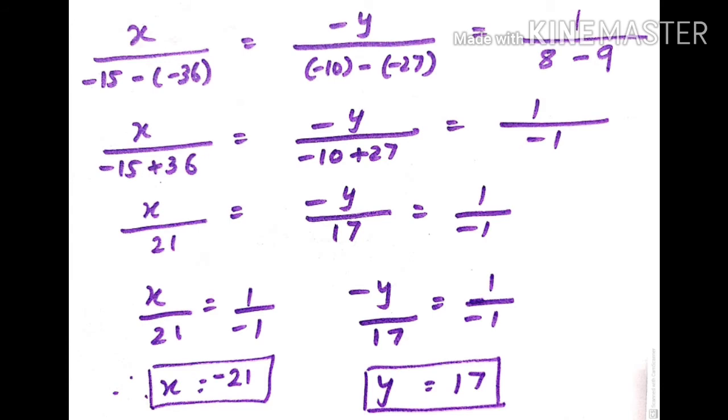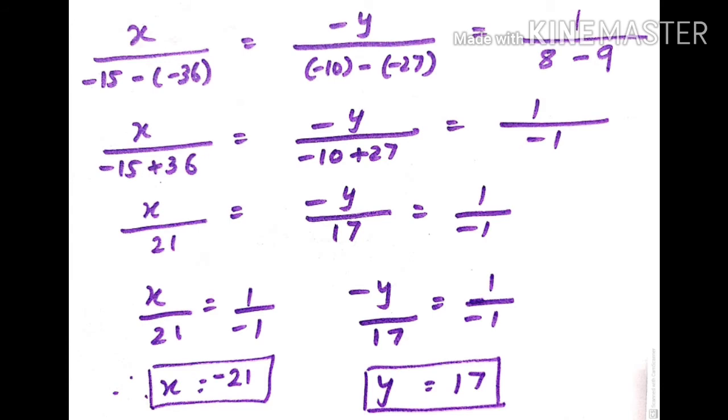X upon -15 minus plus 36 is equal to minus y upon -10 minus plus 27 is equal to 1 upon 8 -9 -1. Now again we take plus minus upon x, that is x below 21, that is plus 36 minus 15, minus y upon 17 and is equal to 1 upon -1.